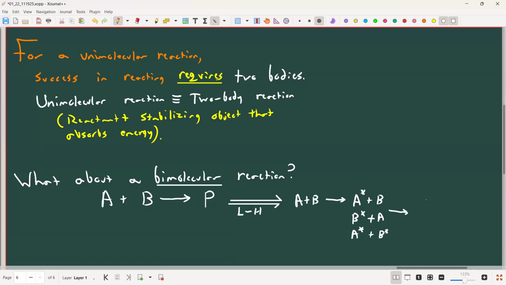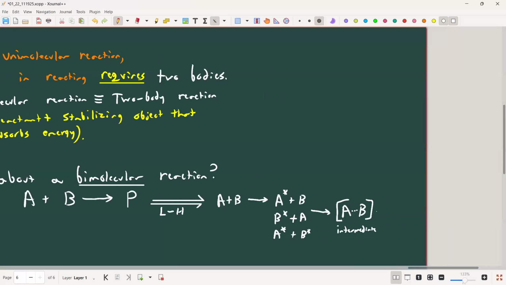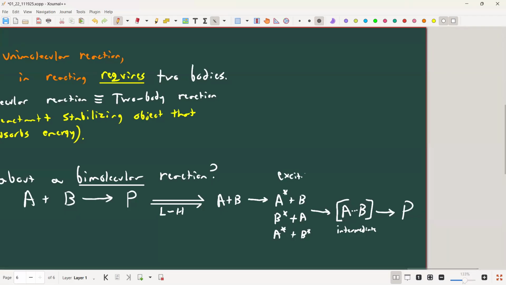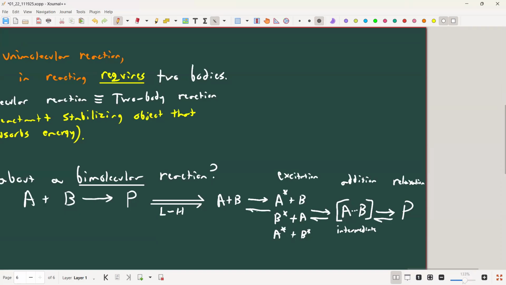And then they combine to form some AB intermediate, which then eventually falls apart to form P. So we have excitation, addition, and relaxation to the final step. But again, these are equilibria. It's always possible for these things to go backwards.